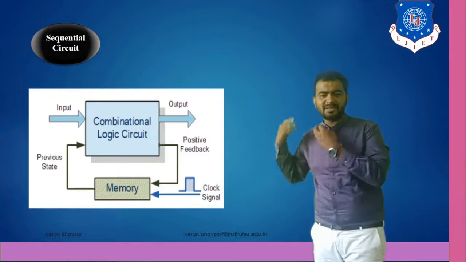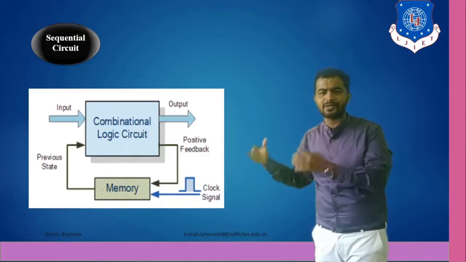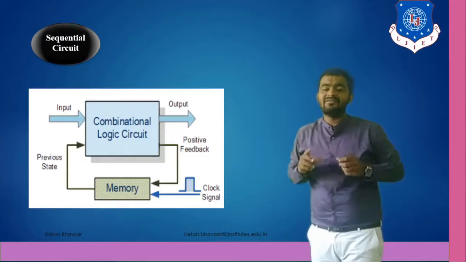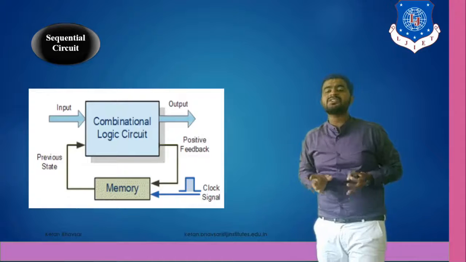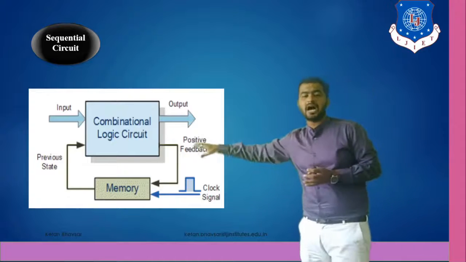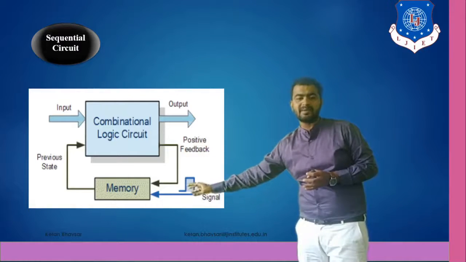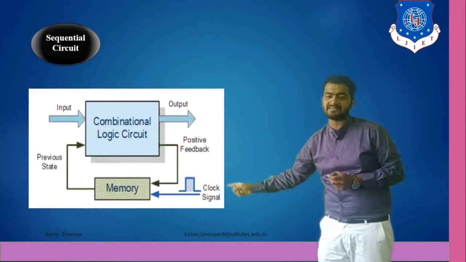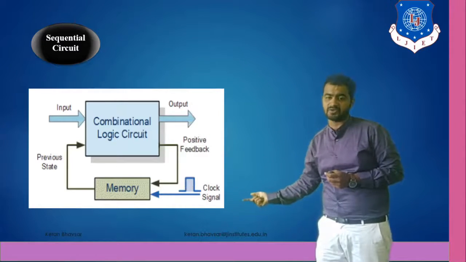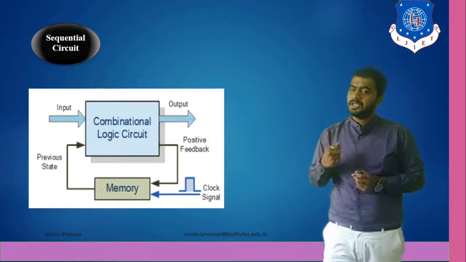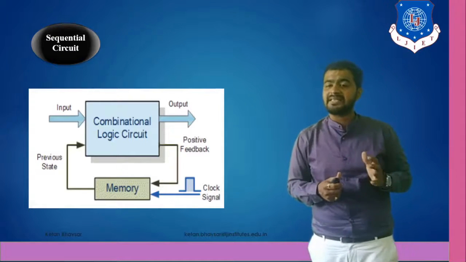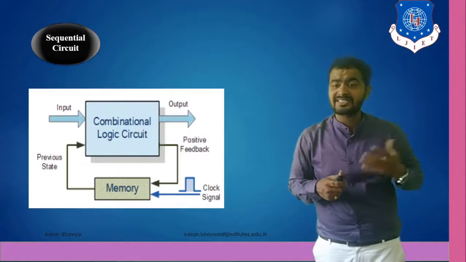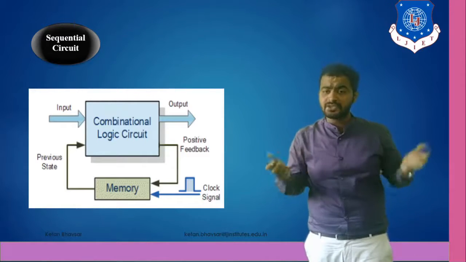You can assume that the multiplexer, demultiplexer, encoder, decoder are combinational circuits. But in the sequential part, the output again goes to the memory element, and then it goes to the input too. It is a feedback based circuit, and you can see the clock pulse is also available here. In terms of the clock pulses, it can work asynchronously or synchronously, depending on the clock frequency too.